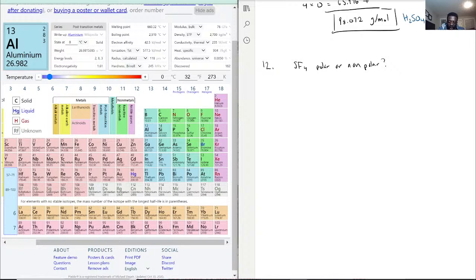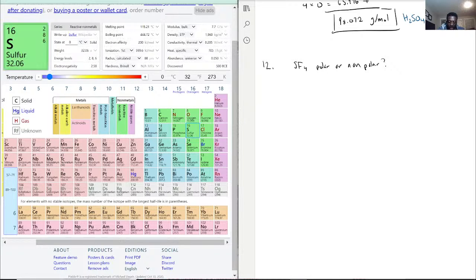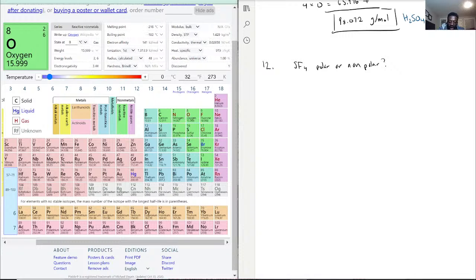So sulfur, as you see on the periodic table here, has 6 electrons. It would look kind of like this.